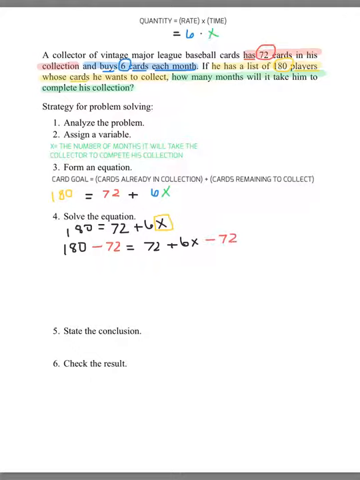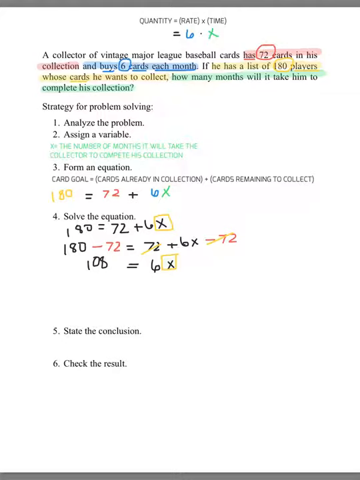So now on the right-hand side, the positive 72 simplifies out with a negative 72, leaving us with 6x. And then on the left-hand side, 180 minus 72, that's going to leave us with 108. So let me go ahead and write that down. And then again, we want to get the variable x completely by itself. Right now we're multiplying it by 6.